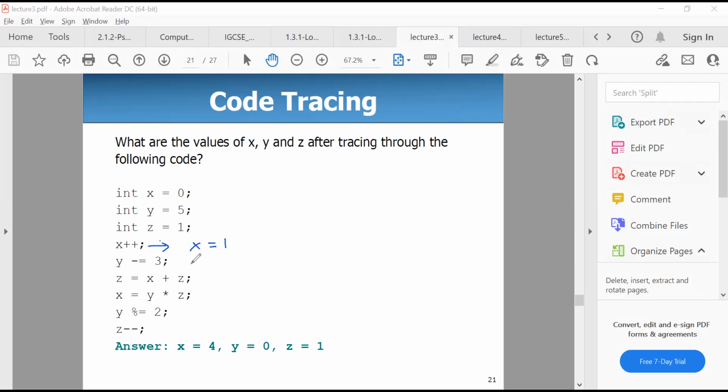Then y is 2. Okay, and then here z equals x plus z. So now x is 1, so it will be 2. Okay, perfect. What about x now when we multiply it by z? So y is 2 times 2, so 4.